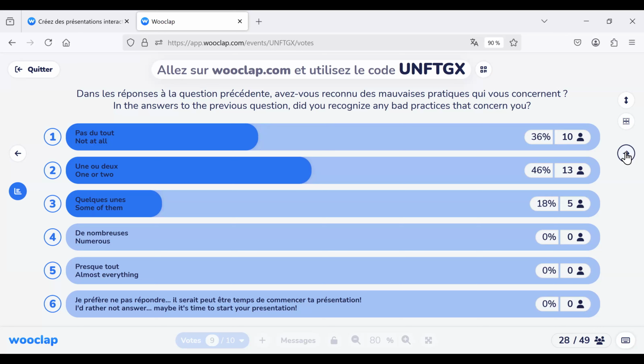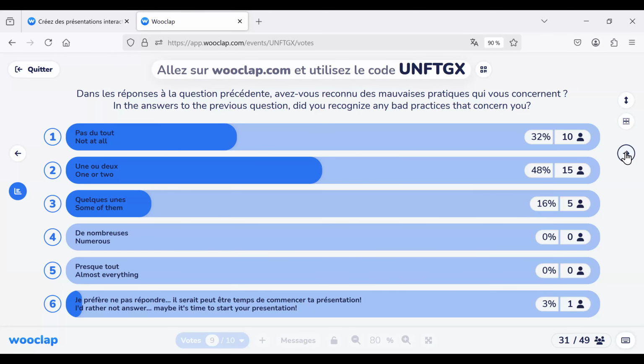C'est pour ça que l'inspiration ne vient pas de nulle part. Il y a des mauvaises pratiques que vous mettez en application. Il va falloir essayer de les sortir, de ne plus les utiliser.